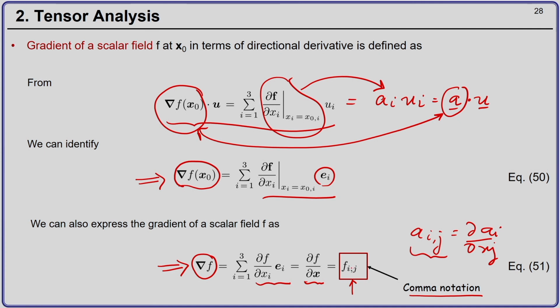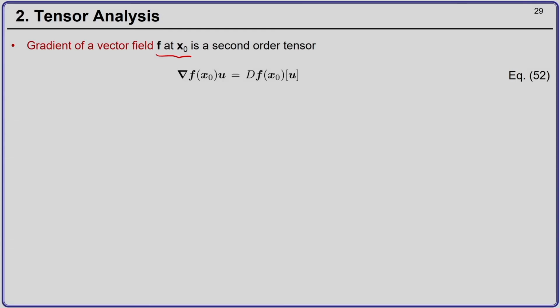Sorry, this comma notation will be f comma i. So, you see you started with a scalar and you ended up with a vector. Similarly, when you start with a vector, you will end up with a quantity which is one order higher.